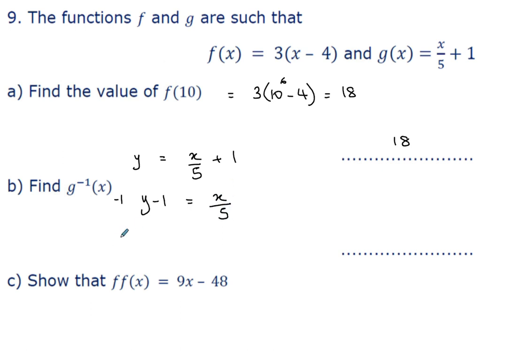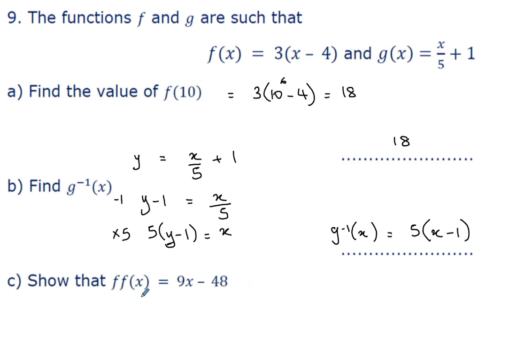Because it's been divided by 5, we'll multiply by 5. So we get 5 times y minus 1 equals x. And then wherever the y is, we put the x back in. So then g inverse of x equals 5 times x minus 1.